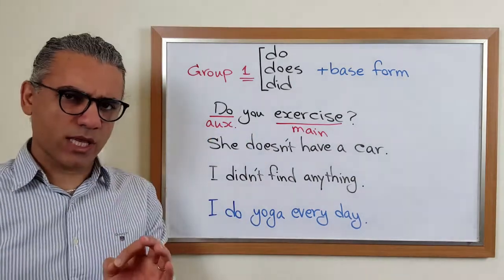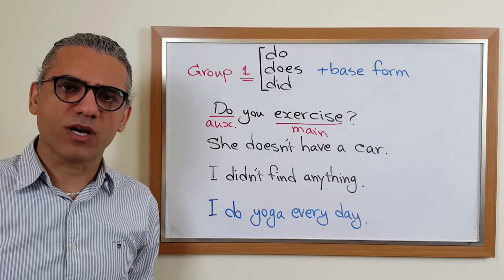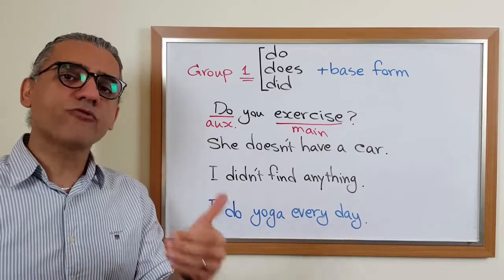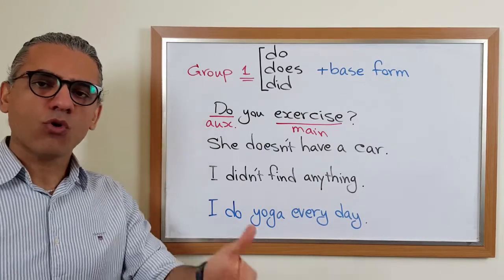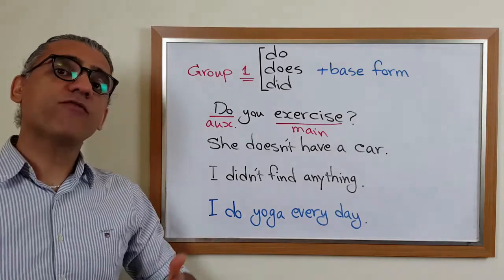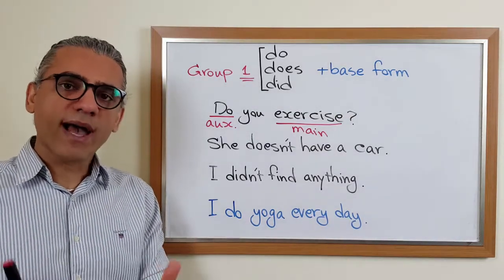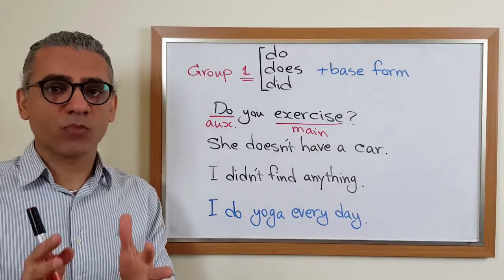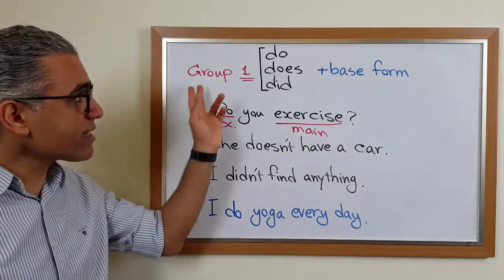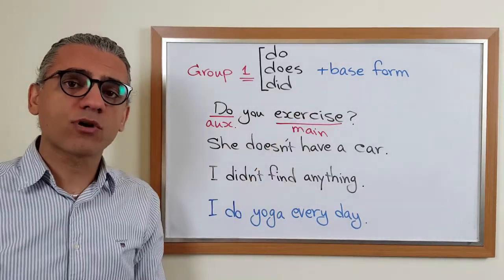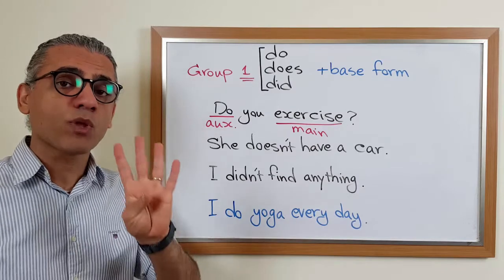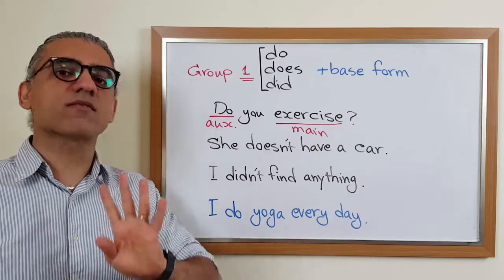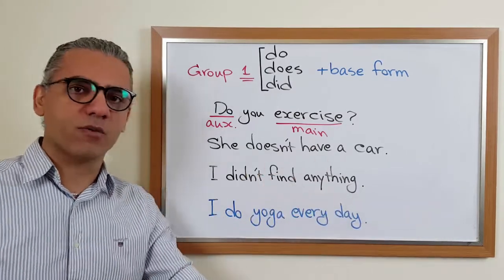A very important thing when we are talking about auxiliary verbs is what the form of the main verb is, or what the form of the following verb is when you have an auxiliary verb in the sentence. Actually, this categorizing of auxiliary verbs into four groups is based on the form of the following verbs.